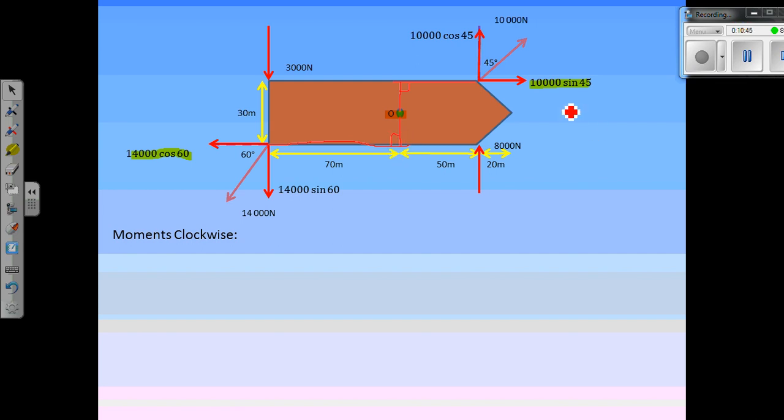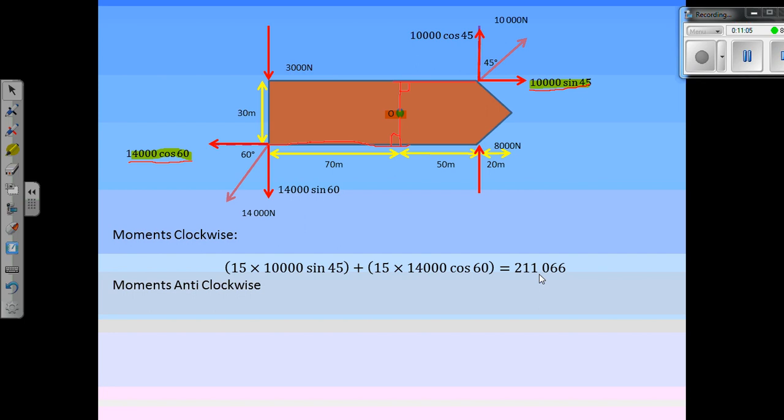So the clockwise moments are 10,000 sin 45 times 15 plus 14,000 cos 65 times 15. Okay, which is what we have there, and that's equal to 211,066 Newton meters.